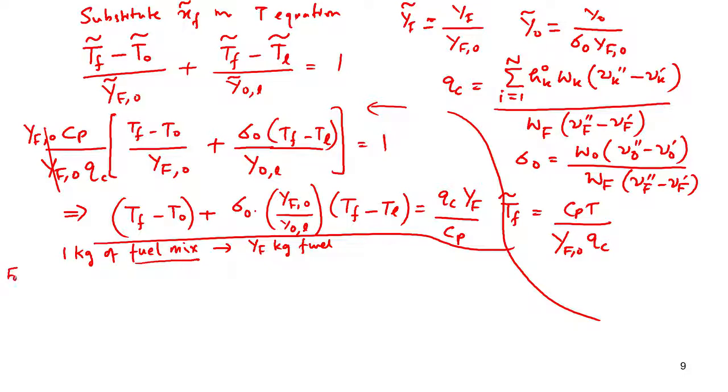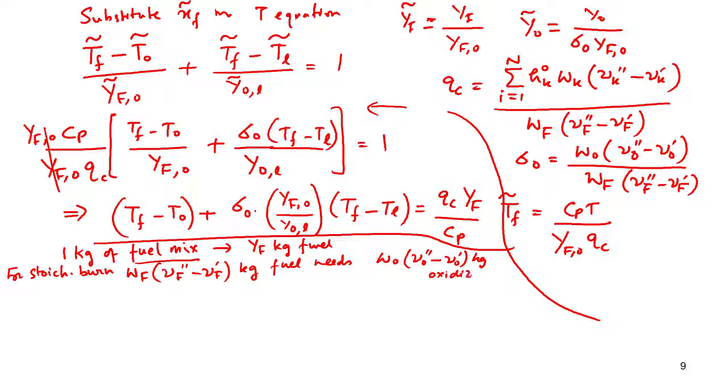For stoich burn, WF times (nuF double dash minus nuF dash) kg fuel needs W0 times (nu0 double dash minus nu0 dash) kg oxidizer.